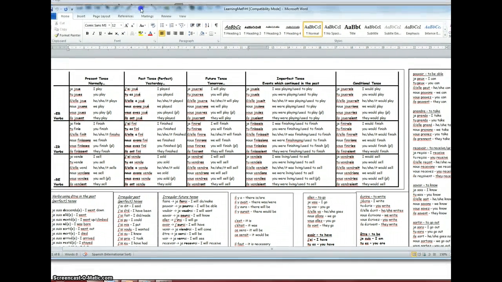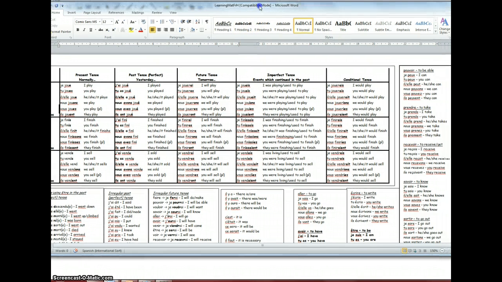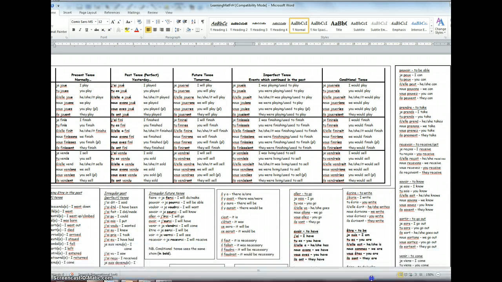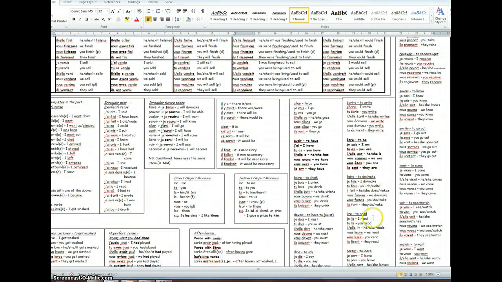So if we take the higher tier learning mat, that's the one we need. The irregular present tense verbs start here, aller, and they go right down to the bottom in alphabetical order. So aller, avoir, boire. Now straight away we can see that aimer is not one of them.